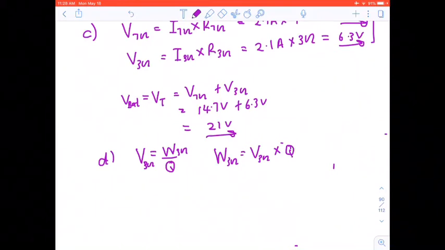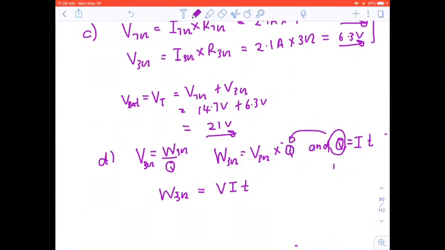But we know that Q is equal to I times change in T, but I'll just use T. So W in the 3 ohm resistor is equal to V I T, because I substitute Q is equal to IT.